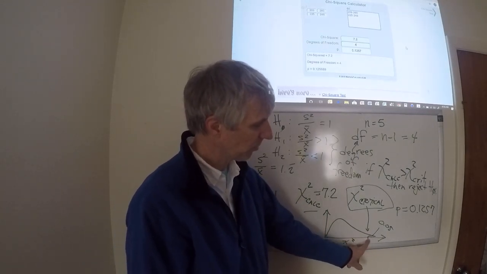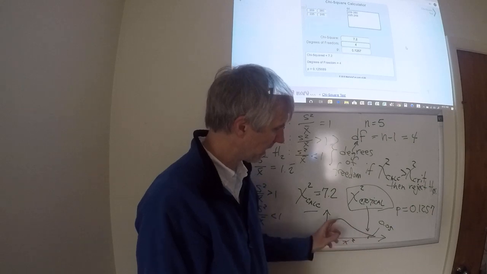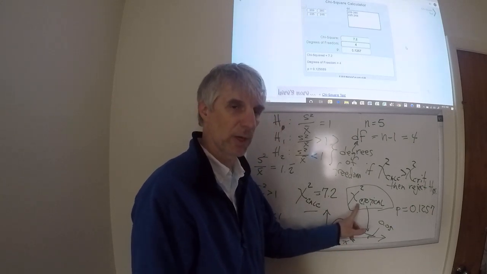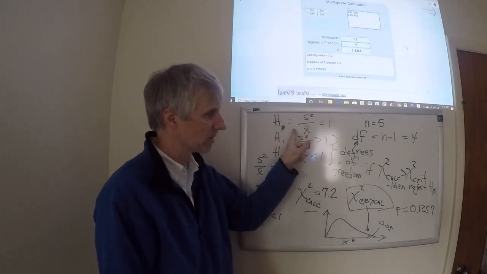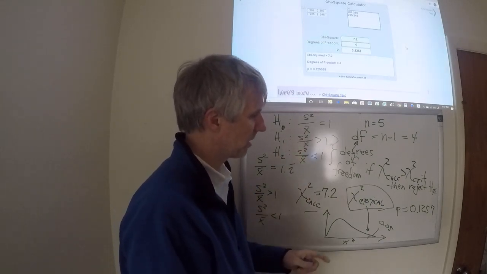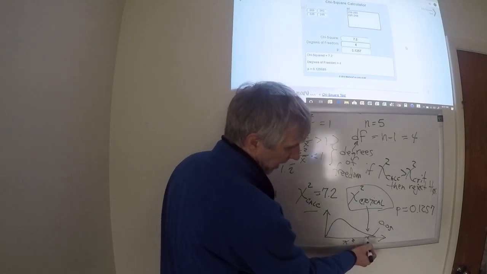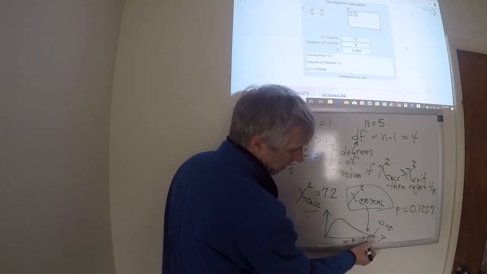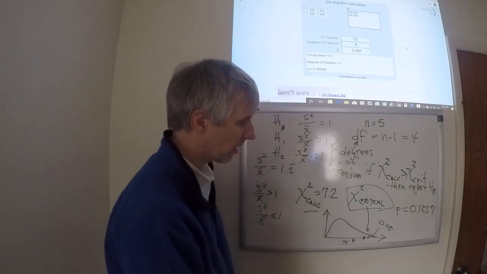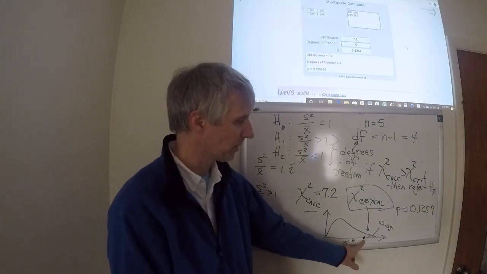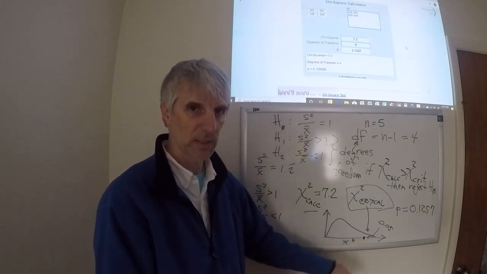A p-value of 0.05 or less would indicate that the calculated value was above the critical value, allowing us to reject the null hypothesis. Instead, the p-value is greater than 0.05, which means our calculated value of 7.2 is somewhere to the left of this.